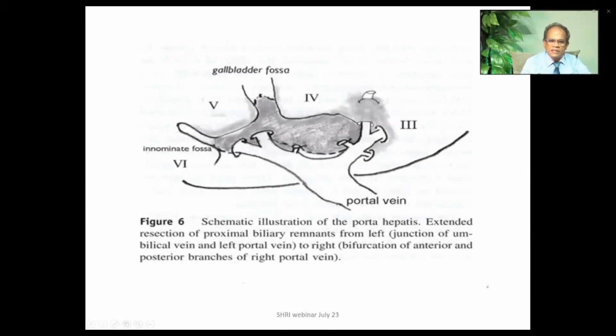Because if you just attach a Roux loop to the porta hepatis for the sake of it, it's never going to work. So your dissection should continue like that.